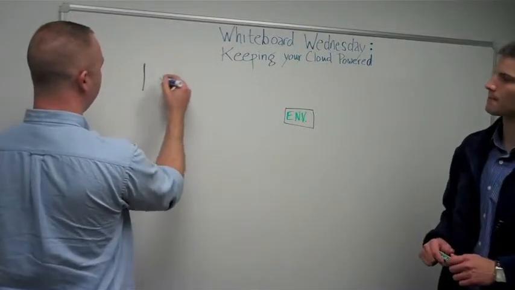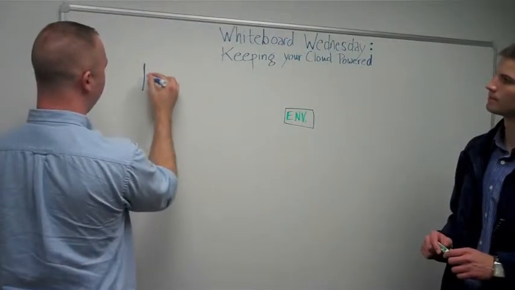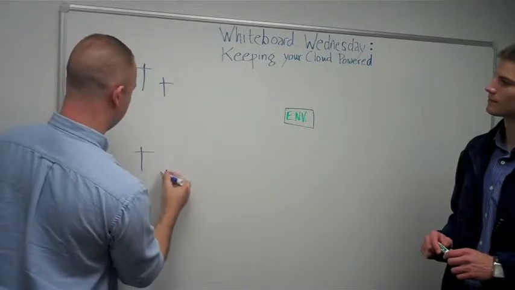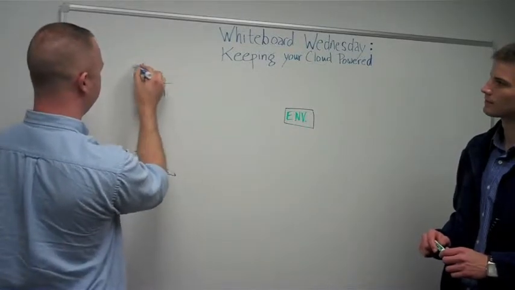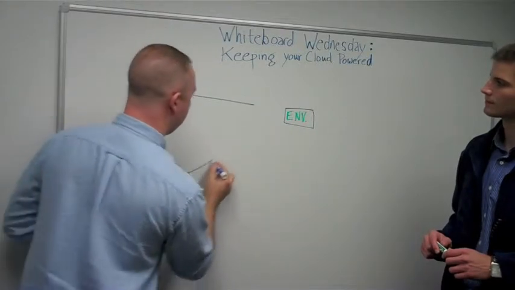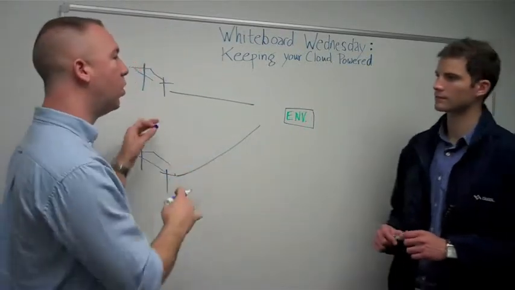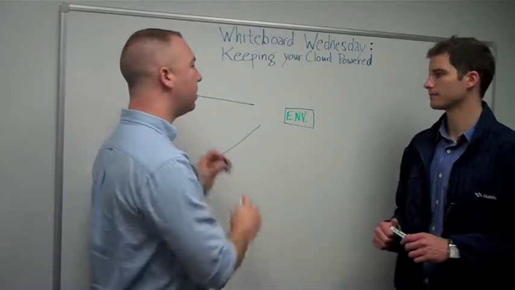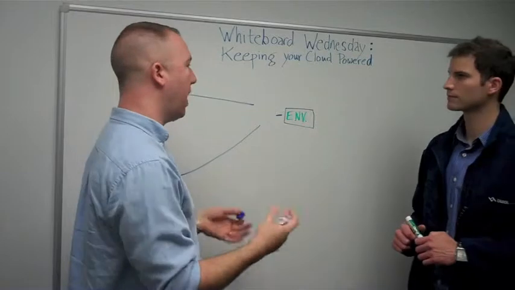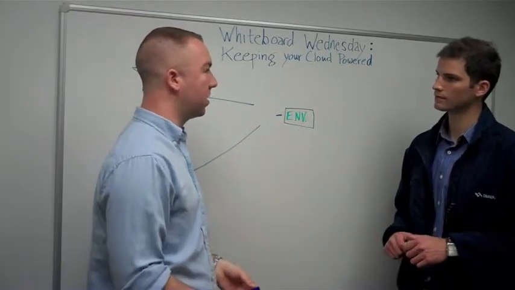So we'll draw a couple power lines coming in here. So we've got dual power companies feeding this, but not only that, we could always have just one power feed coming in, powering all the equipment that powers the cloud.